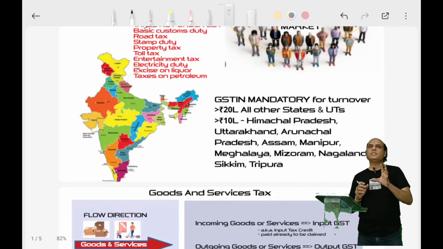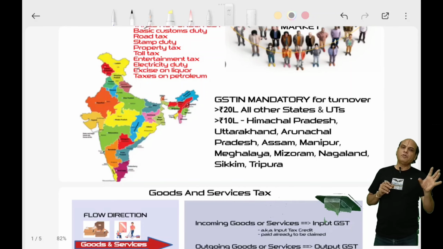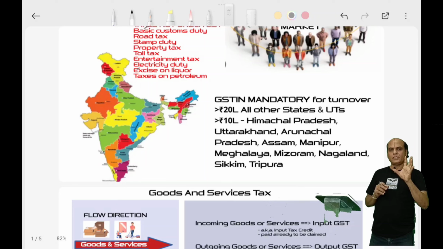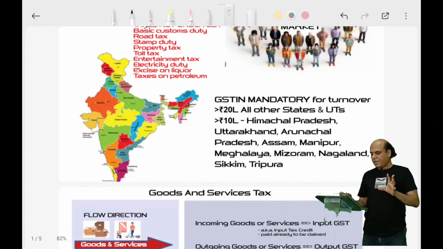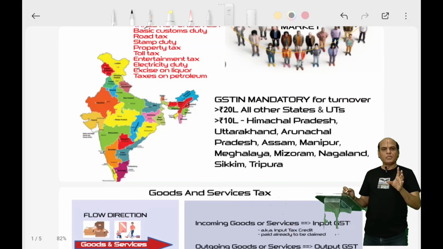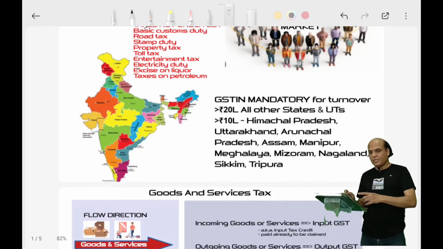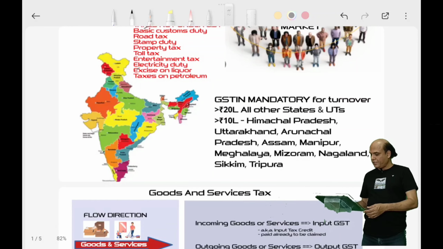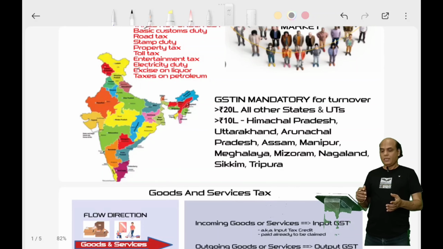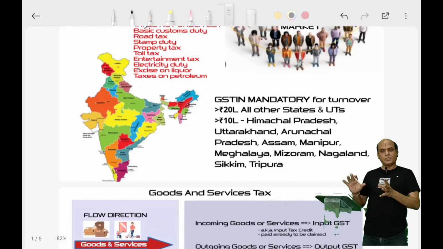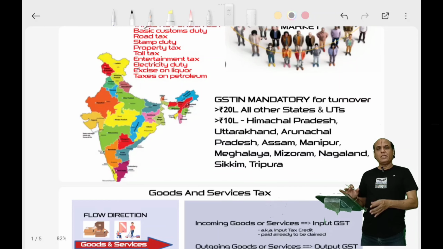Why is the threshold less in mountainous regions? In the mountainous regions, the development is less. So the economy is not so good as other regions. So these are like the northeast and the foothills of the Himalayas. So the states like Himachal Pradesh, Uttarakhand, then in the northeast, all the seven sister states, Arunachal Pradesh, Assam, Manipur, Meghalaya, Mizoram, Nagaland, Sikkim, all these mountainous regions have a lesser threshold.